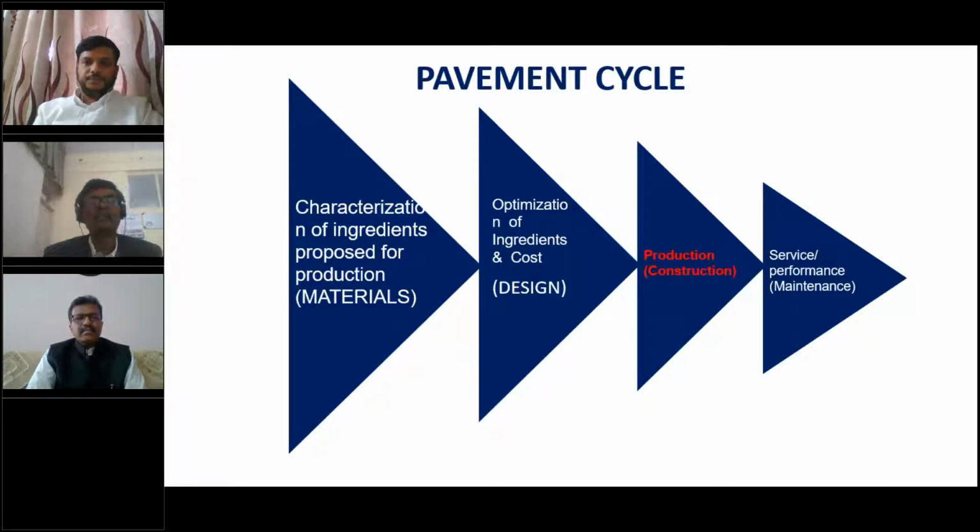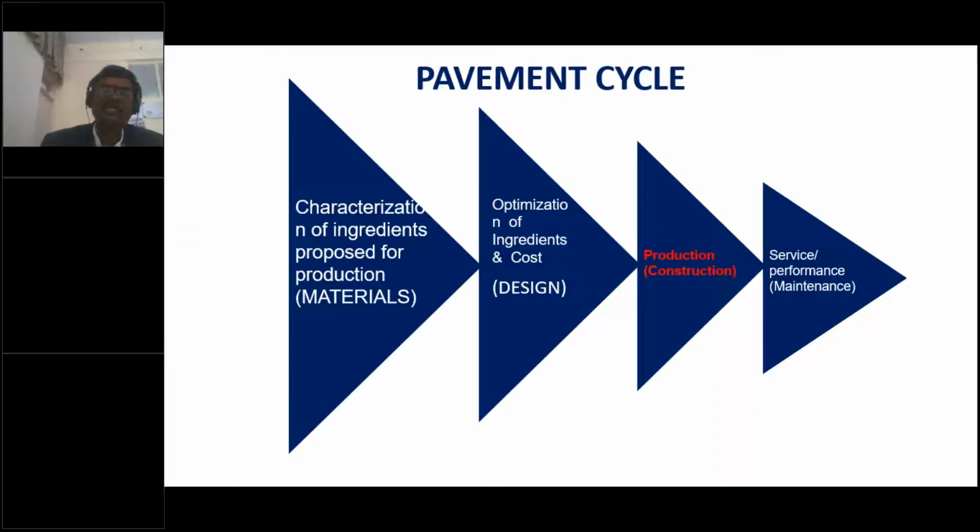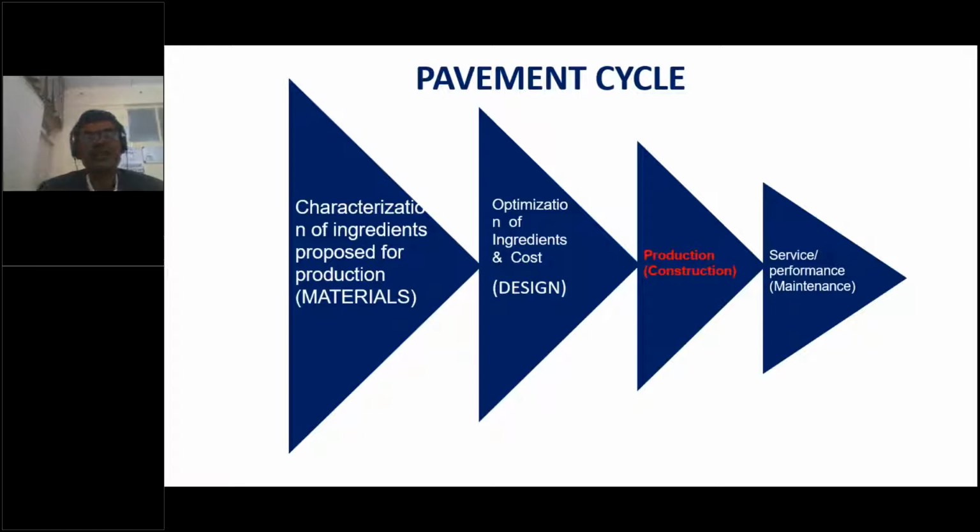So much is the importance of the materials, and surveying them, checking their suitability, approving and utilizing them in design and construction is a huge step towards sustainability, towards the optimization of cost. That is the first and very important stage.